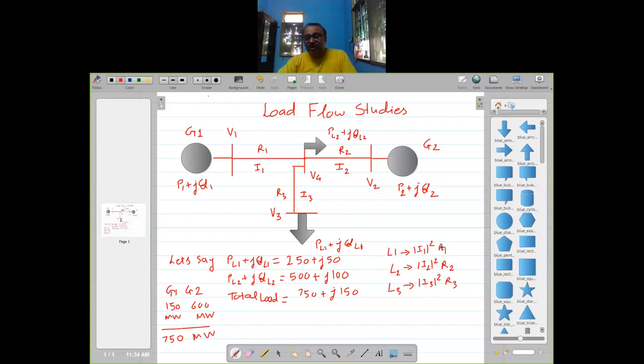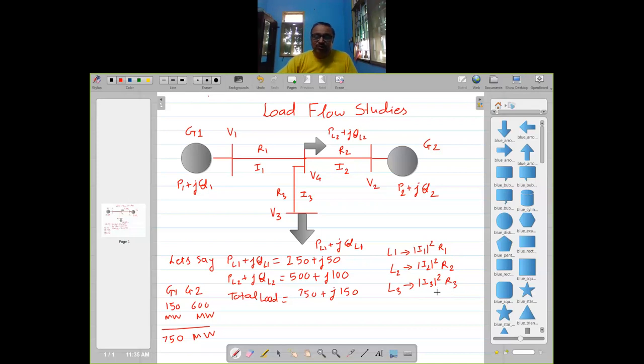Even if, let us say, and I am just taking one figure, it is not realistic, it is just 1 ohm total resistance, then the loss will be 40000 into 1, that much watts or 40 kilowatts. So you cannot ignore the transmission line losses.